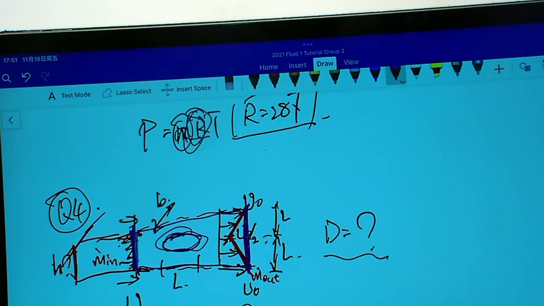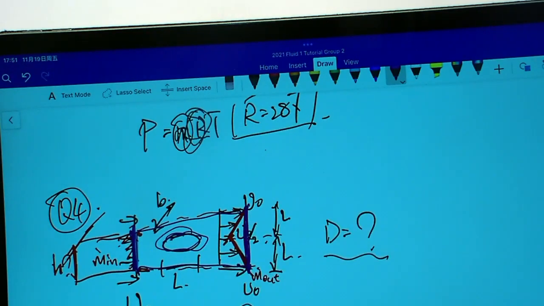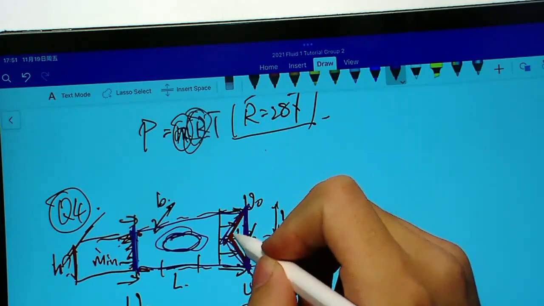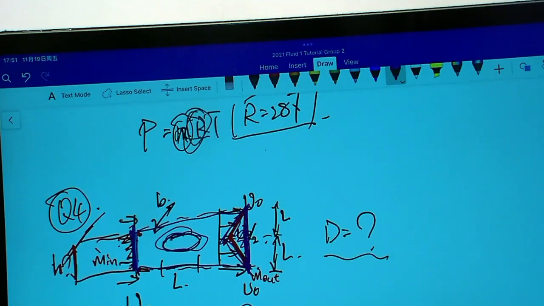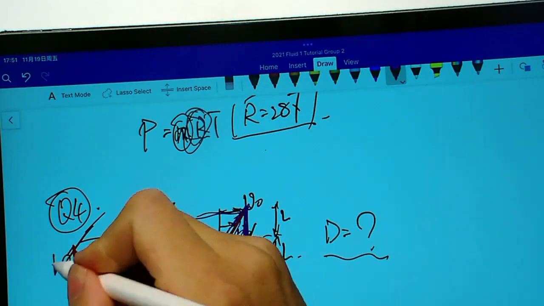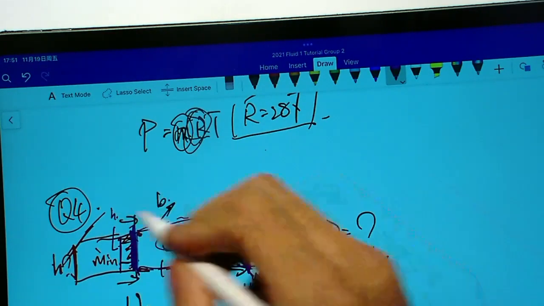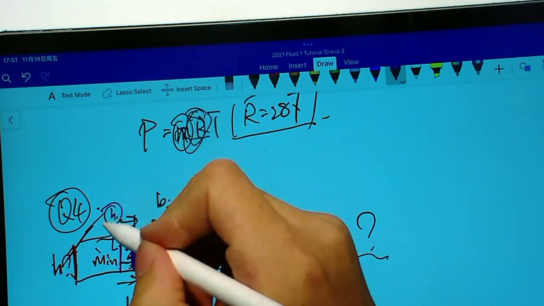To define that control volume, we want the inlet mass flow rate to be the same as the outlet mass flow rate. Here we know the profile at the outlet, and we know there's a reduction in the middle. That indicates that the inlet height must be smaller than the outlet height. So we need to find the height at the inlet. We assume that is h, and we apply mass conservation to get that h.